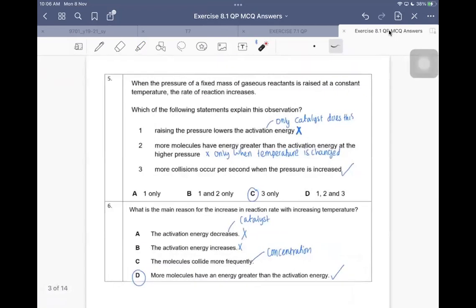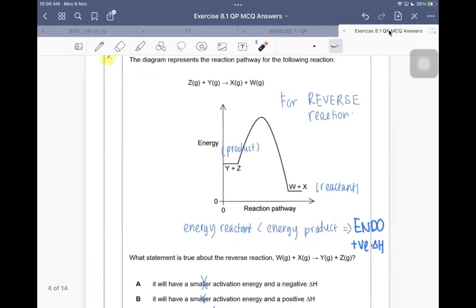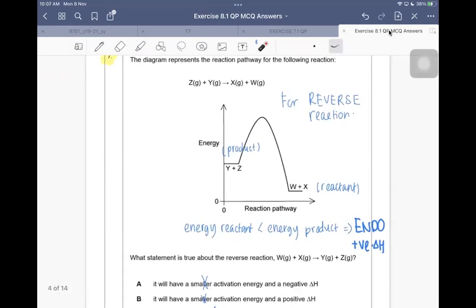Next question is question 7. Okay, so in order to do this question, you need to understand the reaction pathway. First, if we are looking at going from Z and Y as your reactants, that's your reaction pathway.